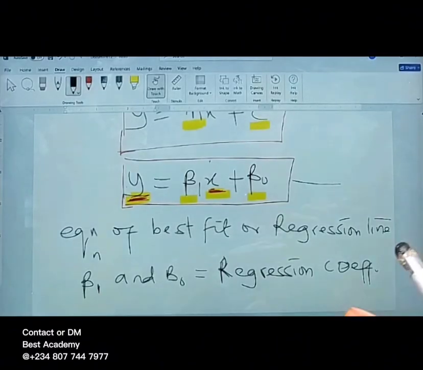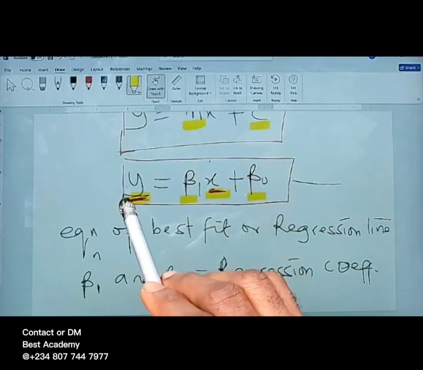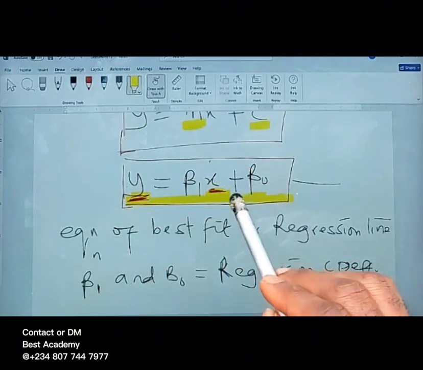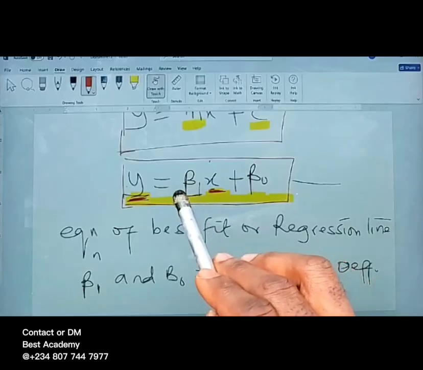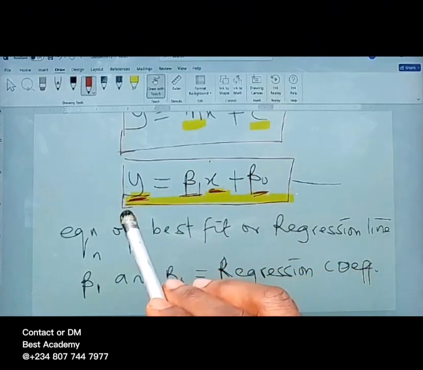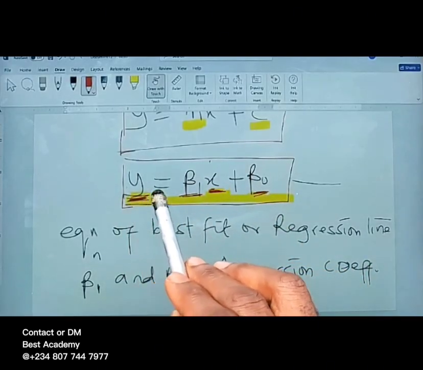Please take it. So we have known what regression analysis is, and we have also known what equation of best fit is. Okay, so now let's know how to calculate beta 1 and beta naught, because when you find the value of beta 1 and beta naught, that will lead us to this particular equation here. When you find them, you can now find the relationship between y and x.